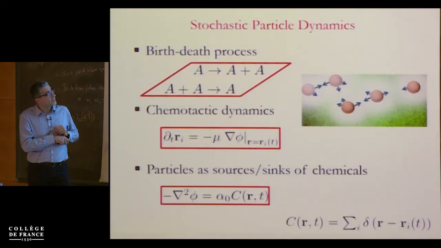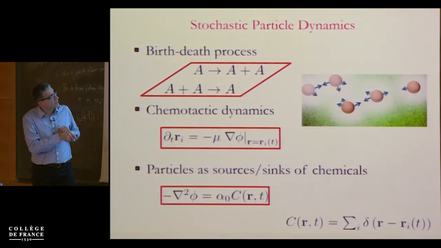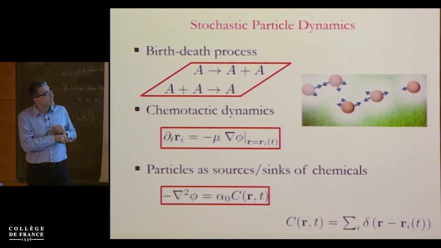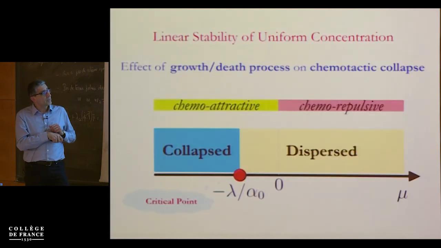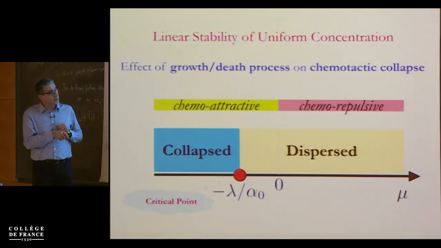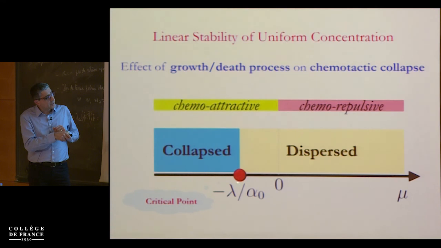If you add all of these together, so this coefficient mu here is the chemotactic response, and chemical phi is produced or consumed by this population of the cells, and you have these processes for the dynamics, you will find out that essentially the system, as a function of this mu parameter, has a critical point which is not at zero like in the case of normal chemotaxis.